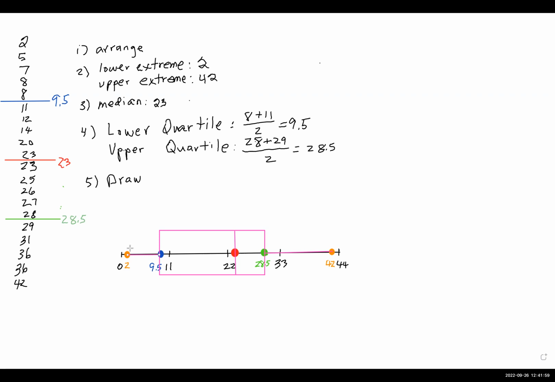So anyway, that's your box and whisker plot, and that's how you draw one. Now, I bet you're going to figure this out without me telling you directly, even though you've never heard it before. This is just a definition.